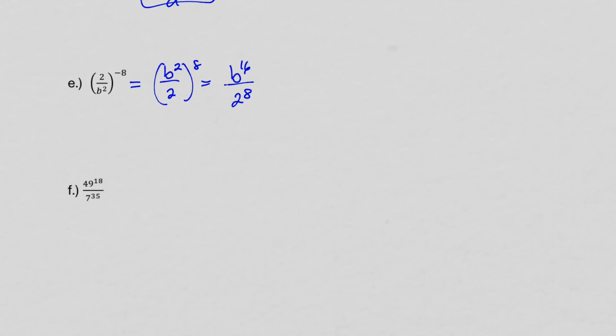I just flip it, and that way I have a positive exponent on the outside, and I go ahead and apply that power to all the bases inside. So 2 times 8 is 16, and then 2 raised to the 8th power. That's going to be just 2 to the 8th.